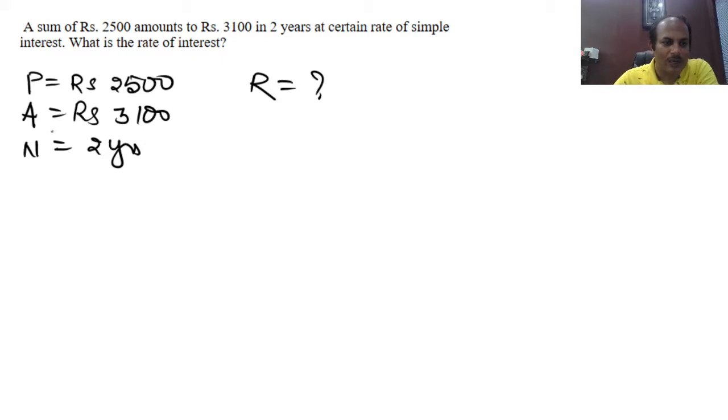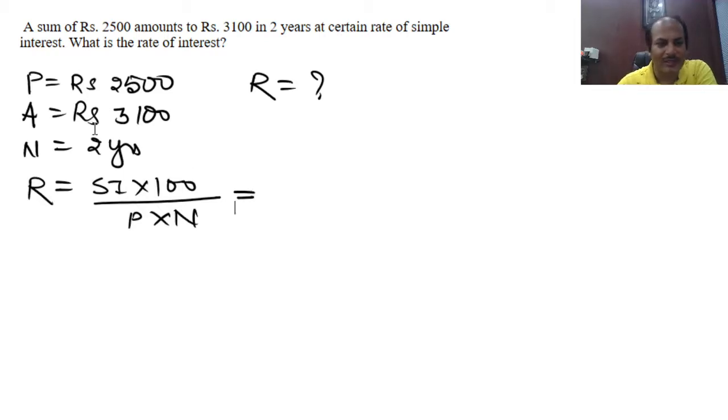Okay, what information can I have from these two values, principal and amount? But before that, let's try to understand how do I find rate of interest. So the formula to find rate of interest is SI into 100 upon P into N. But I don't have the value of SI. So how do I find SI? SI is nothing but amount minus principal.